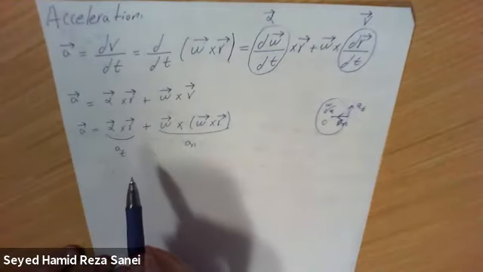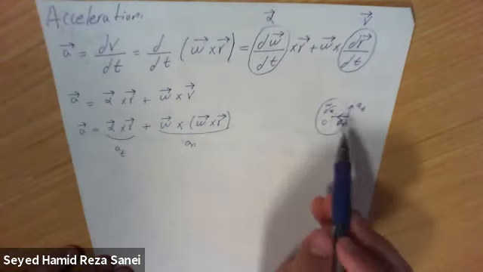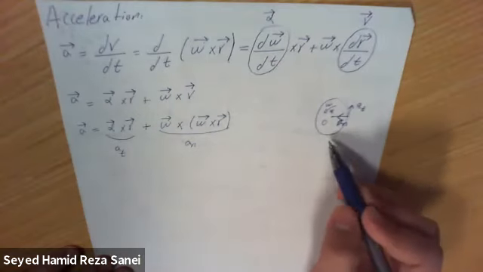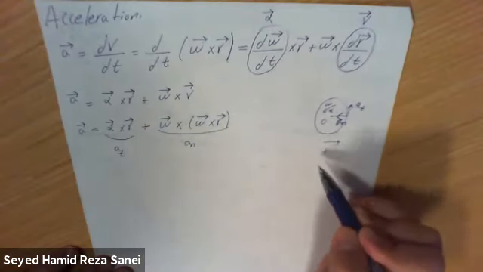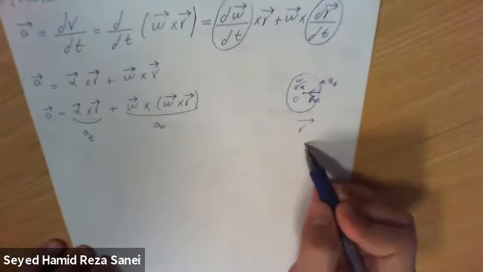AN is in the direction of negative R, so towards the center. If R is in this direction, AN is in the opposite direction.